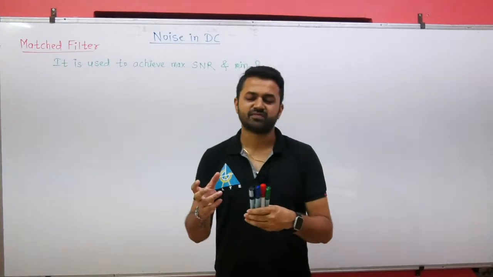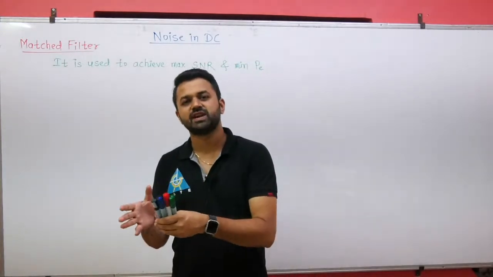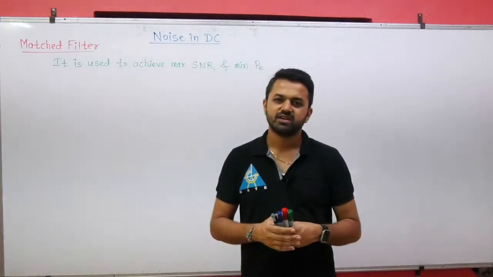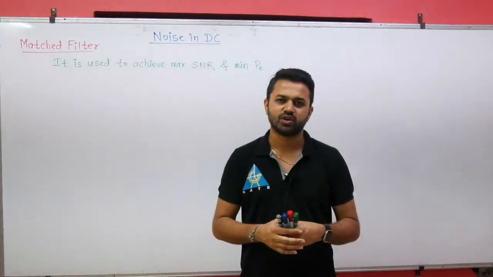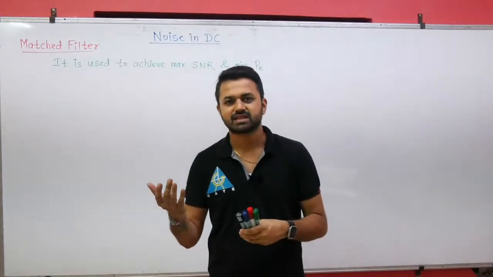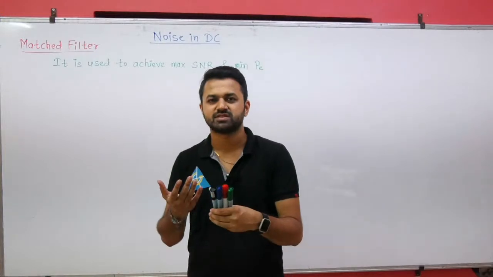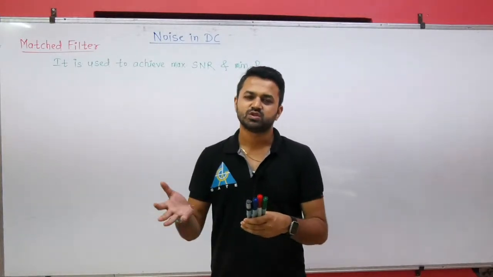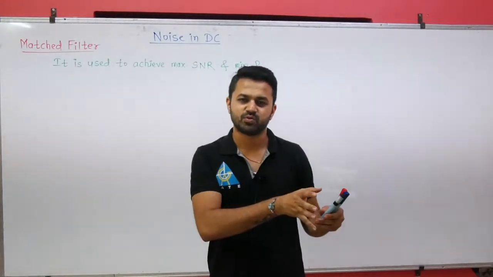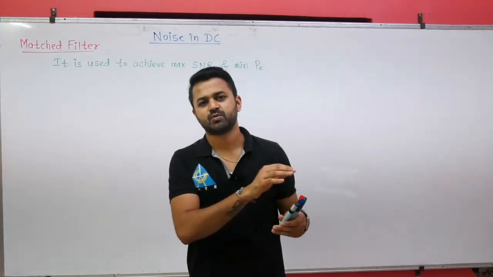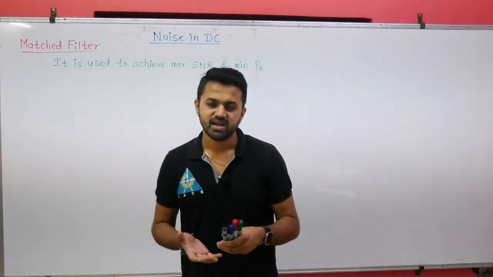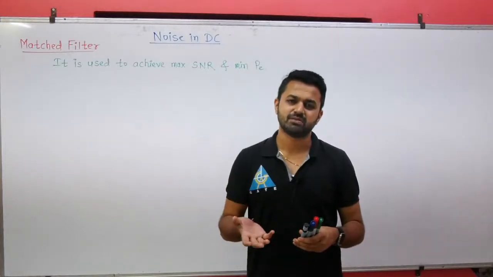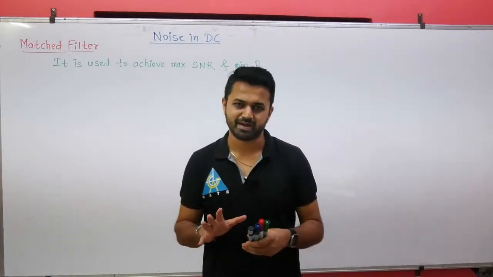If the response and the input are perfectly matched, we will get the maximum signal to noise ratio, because we will get the correct output, so the maximum power, and if the signal power is maximum, then the signal to noise ratio will also be maximum.